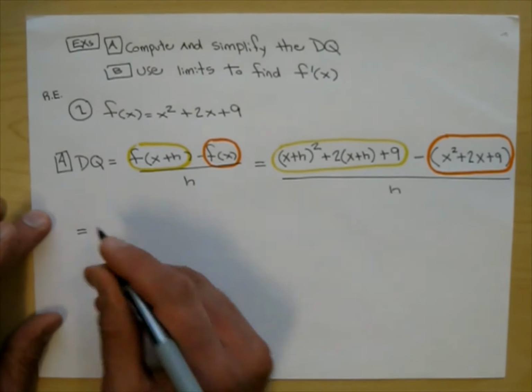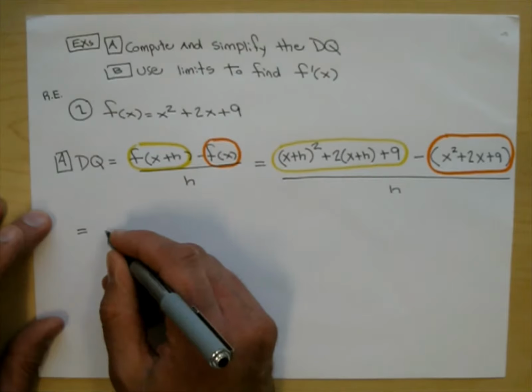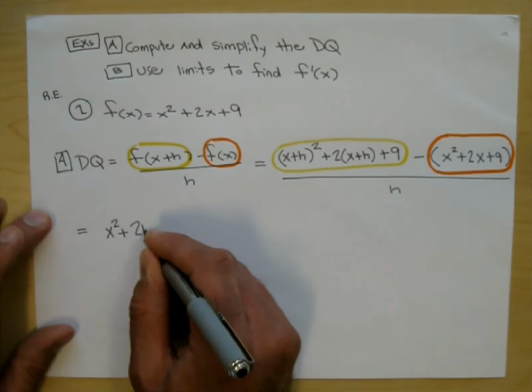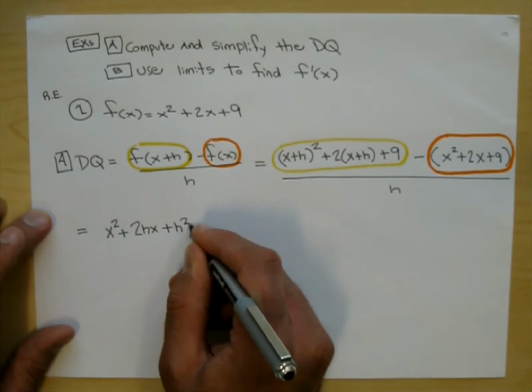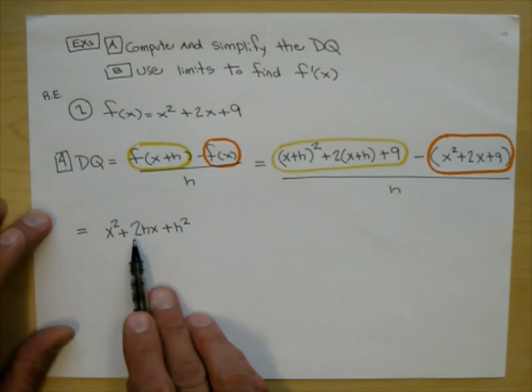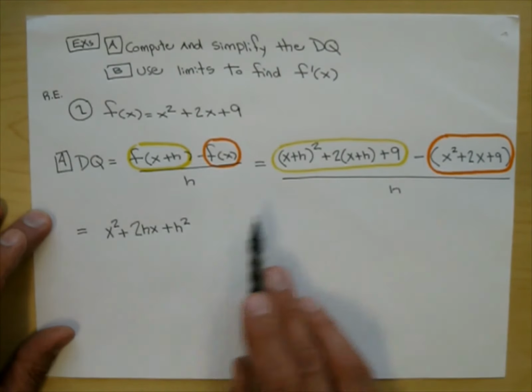Okay, I'm going to go ahead and FOIL this out. This is x plus h times x plus h. So I have x squared plus 2hx plus h squared. I'm keeping it alphabetical there. Yes, I could write 2xh, but I decided to keep it alphabetical because then I can combine like terms more efficiently.